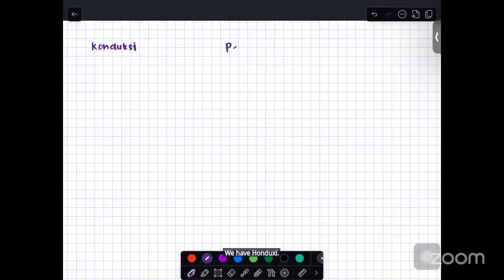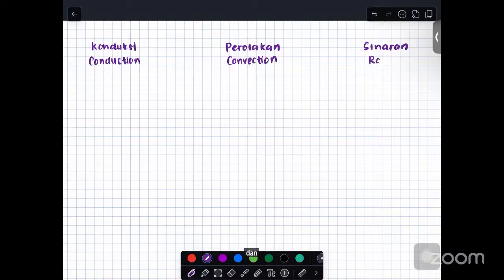Kita ada perolakan. And ada sinaran. Okay. Konduksi is conduction. Perolakan is convection. Dan sinaran is radiation. Senang je.